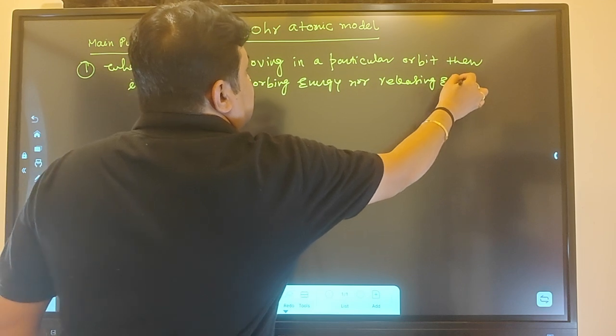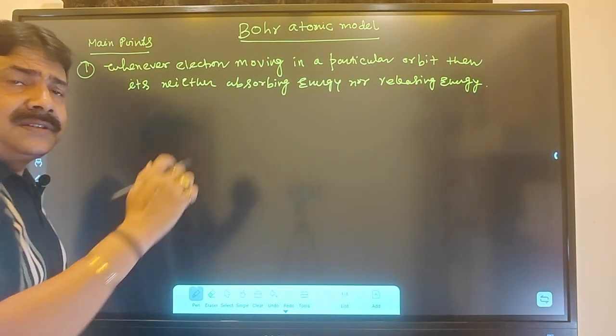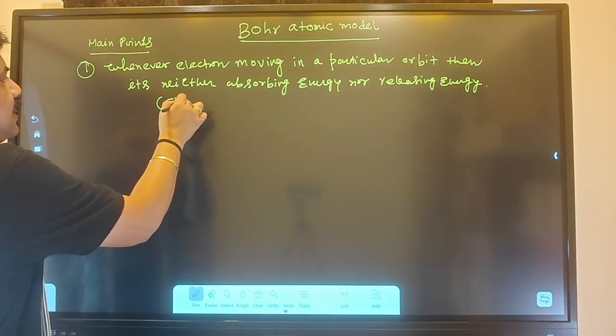That means the state of the electron in a particular orbit is constant, which is called a stationary state.